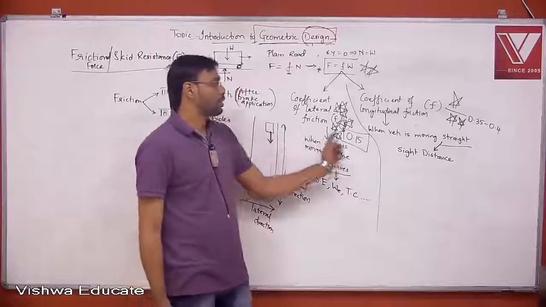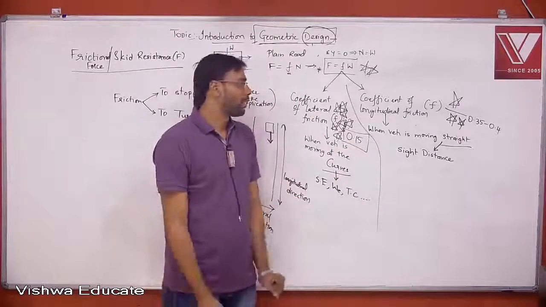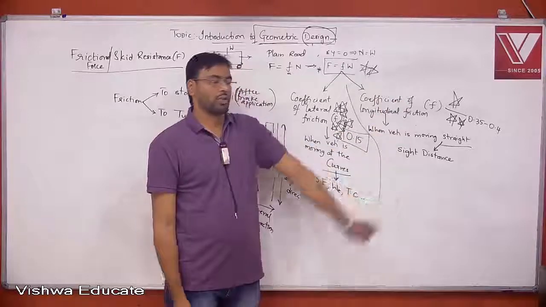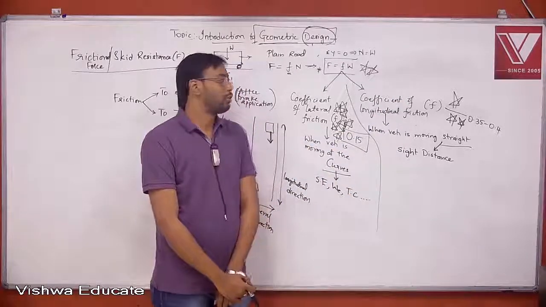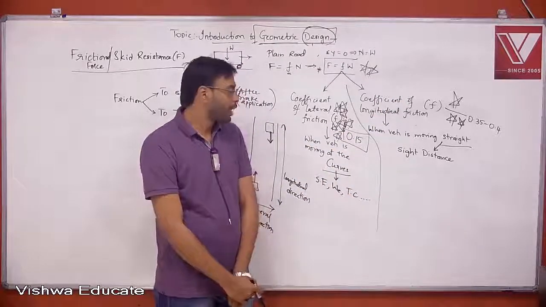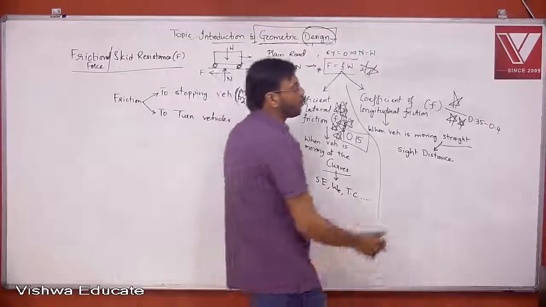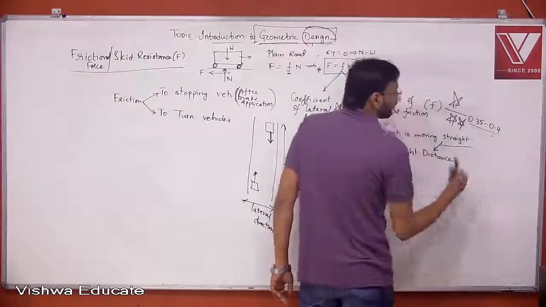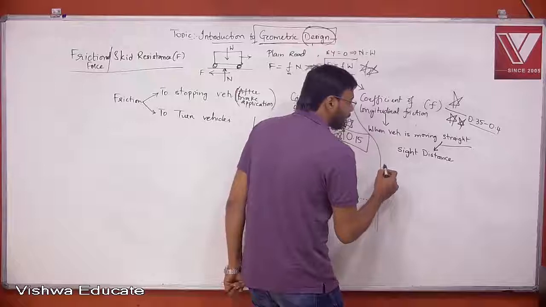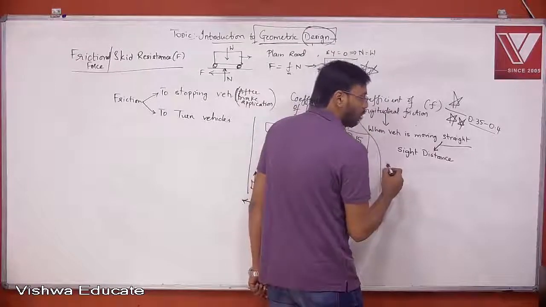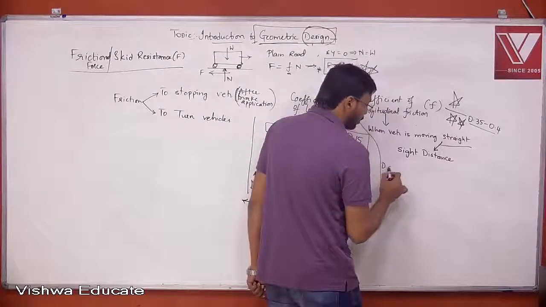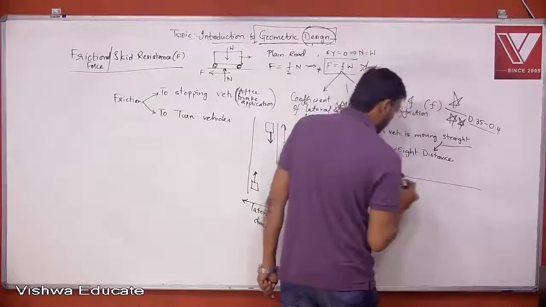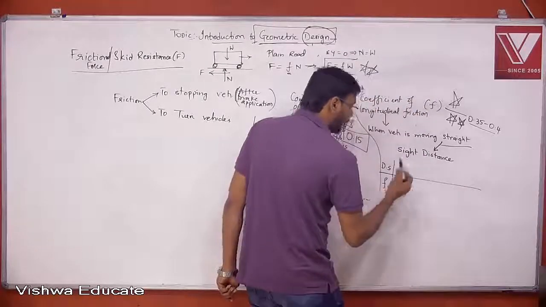Coefficient of lateral friction is 0.15, whereas coefficient of longitudinal friction is 0.35 to 0.4. And this value varying from 0.35 to 0.4 is based on the speeds.